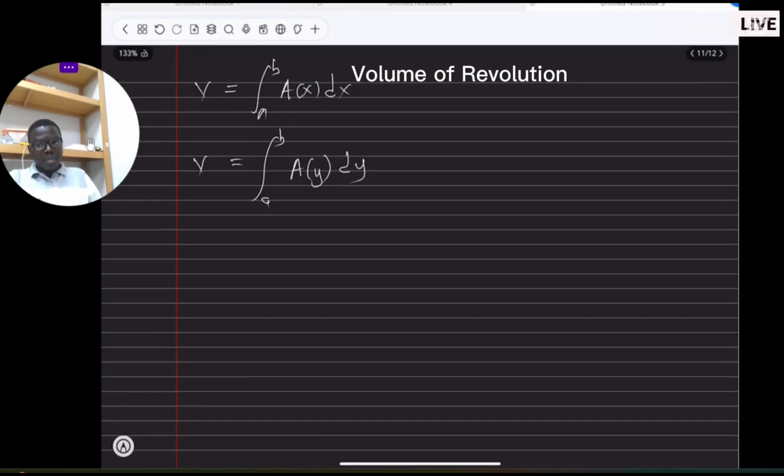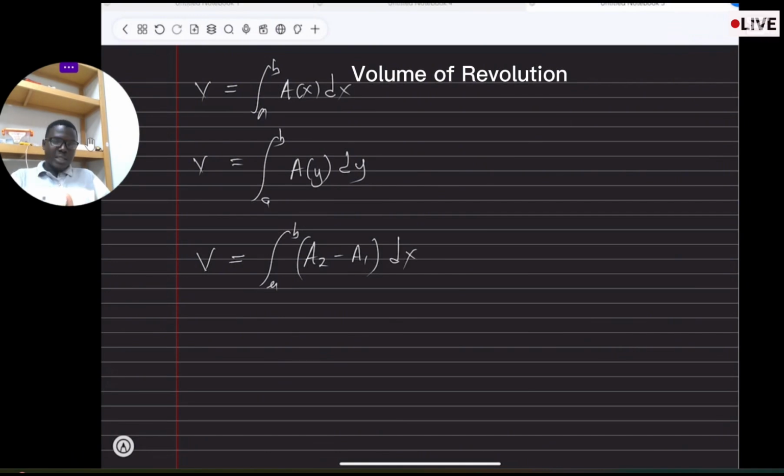So by looking at the washer method, if we have two functions and we are being asked to find the volume of revolution between the two functions, and we are revolving around the x-axis or the y-axis, the volume is equal to the integral over the limit a to b of the bigger area, let's say A2, minus the smaller area, let's say A1.